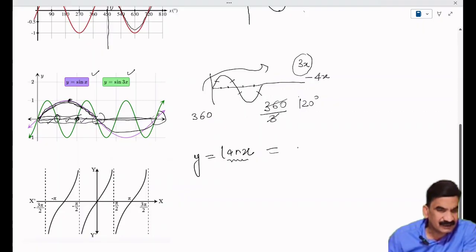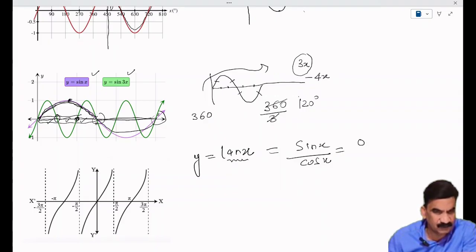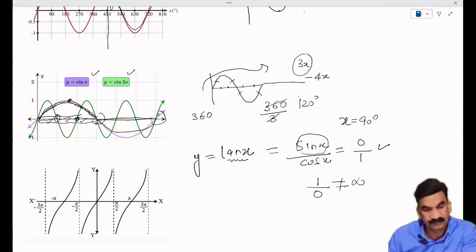Why? I can write it as sine x upon cos x. Let's say that I take x equal to 0. So I get 0 by 1, which is fair enough. If I take x as 90 degrees, what happens then? This becomes 1, this becomes 0.